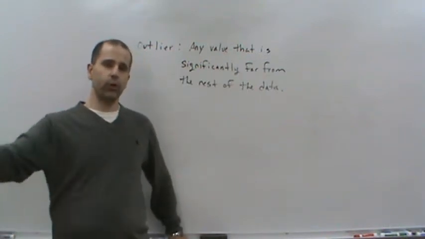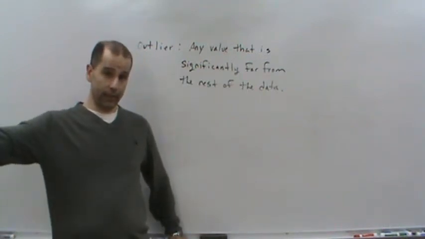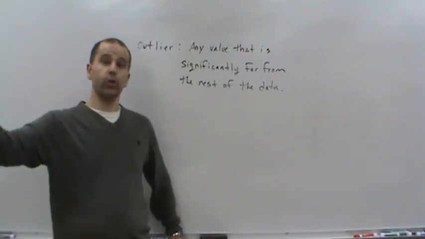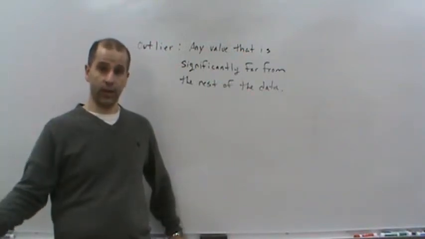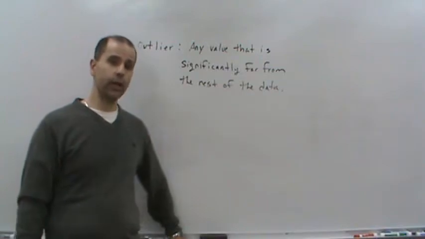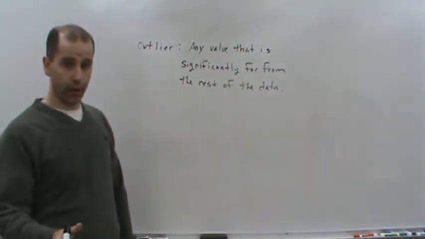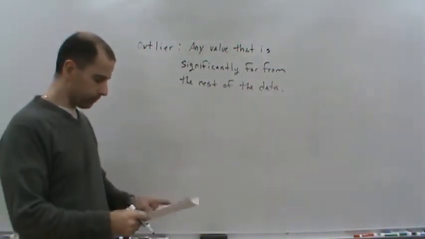So when does a value get too far away from the mean that it becomes an unusual value that we want to consider as an outlier? Well, here's a rule of thumb that you can use.